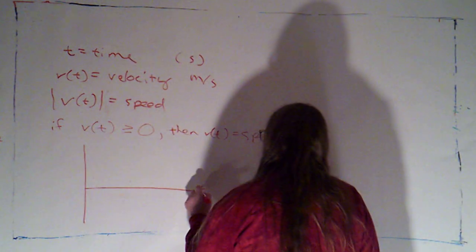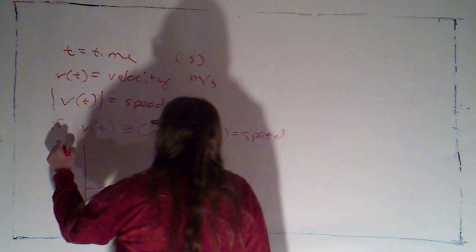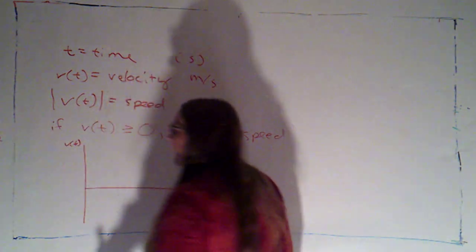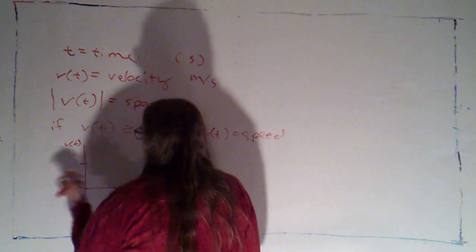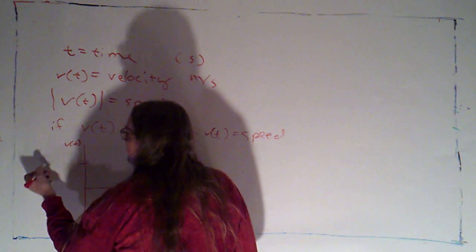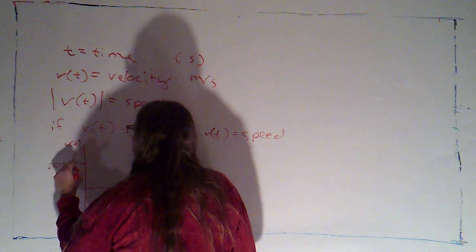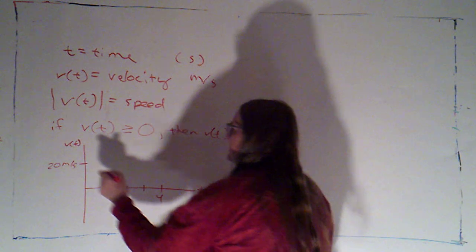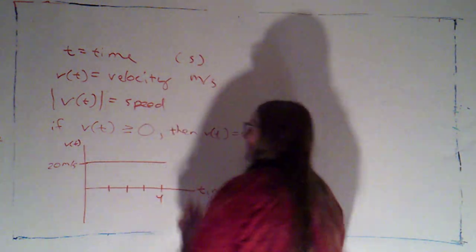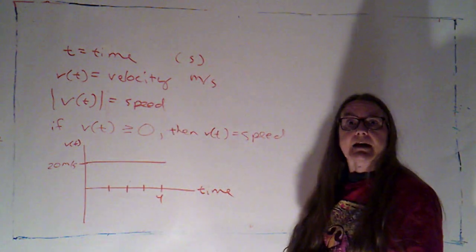Now, let's just suppose I had time here and v of t here, and I did have that my velocity was constant. Let's just suppose it was 20 meters per second. And let's suppose that it was constant at that rate for 4 seconds.